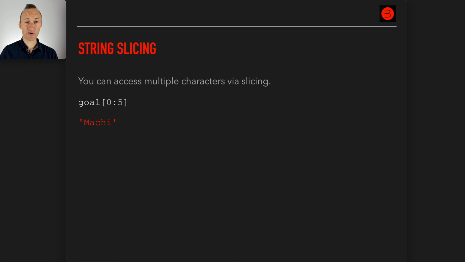And also note, very importantly, that while it includes the 0th, 1st, 2nd, 3rd, and 4th index, it does not actually include the 5th. So it's very important to note that you do include the 0th, the one on the left, but not the 5th, the one on the right. Why use 5 then? Well, this is a great example because then you get the first 5 characters.